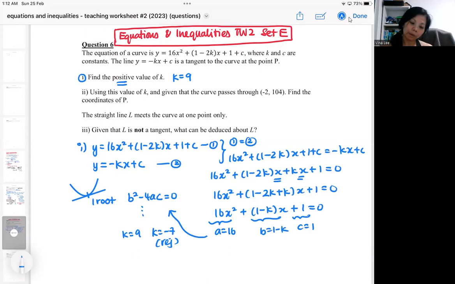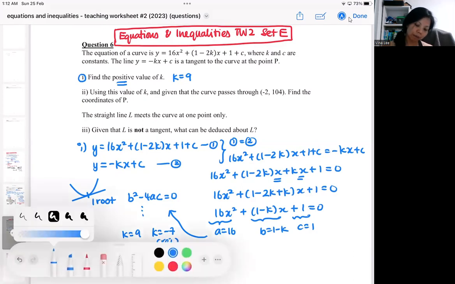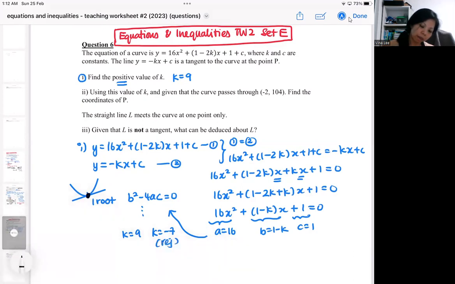So if you take a look at the question, they say that the curve and the straight line is tangent at point P. So essentially point P is the point of contact, which means you got to do your simultaneous equation. But you will find that it's really not possible to do the simultaneous equation because there's still one unknown. And why do you think they gave you this point?